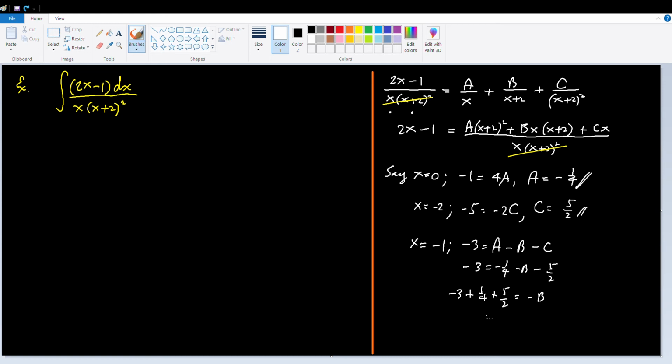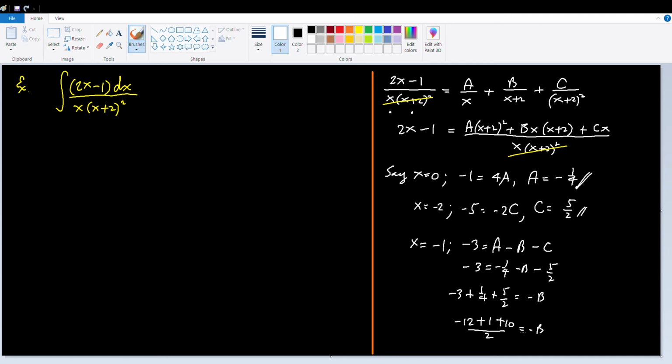So yes, negative 12 plus 1 plus 10 all over 2 is negative b. So negative 12, 10, and 1 is negative 1/2.